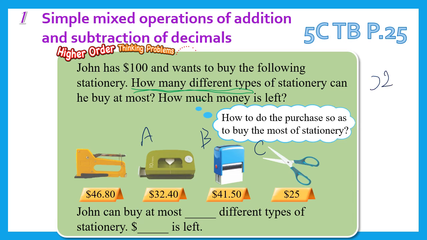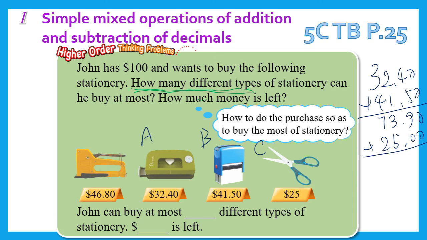It is 32.40 plus 41.50, and you do the calculation one by one, plus $25.00. After you add these three together, the answer comes to 98.90. This amount is less than 100, so John can buy these three types of stationery.